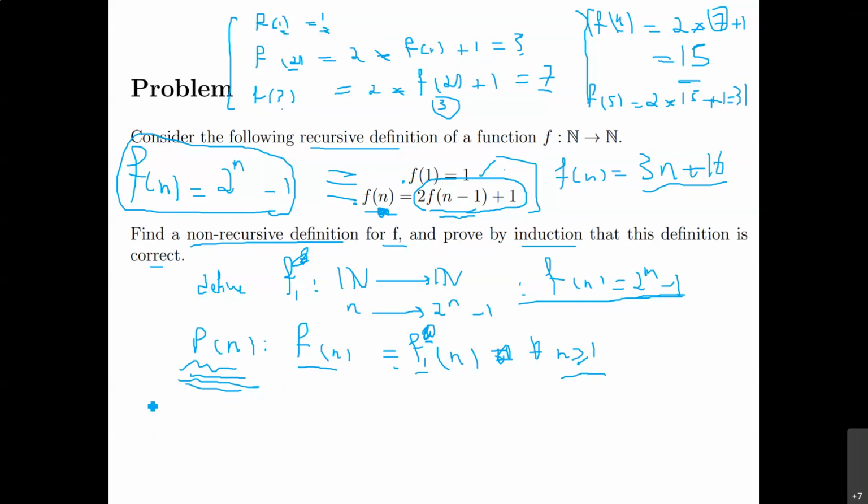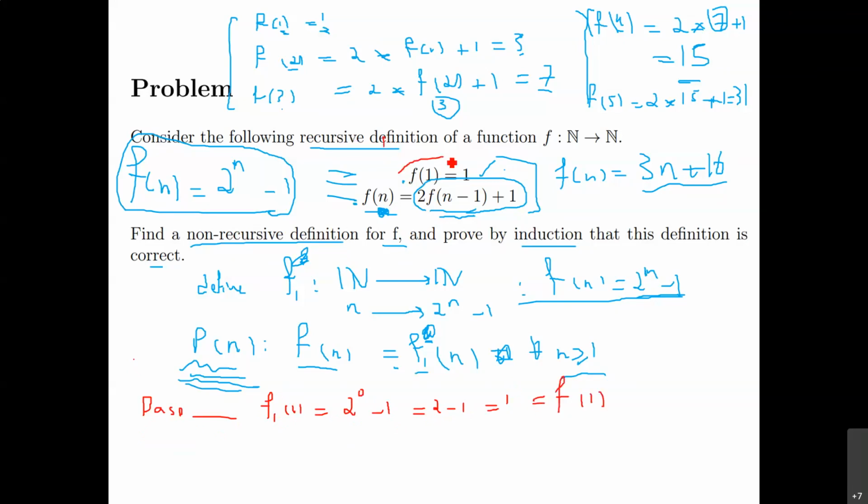So base case. Base case is already done because you can just say, hey, f1 of 1 is 2 power 1 minus 1. So 2 minus 1 equals 1, which equals f of 1.